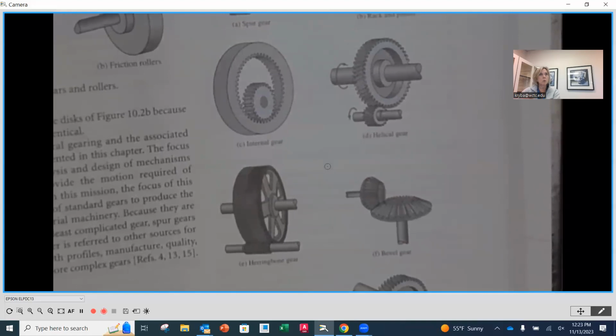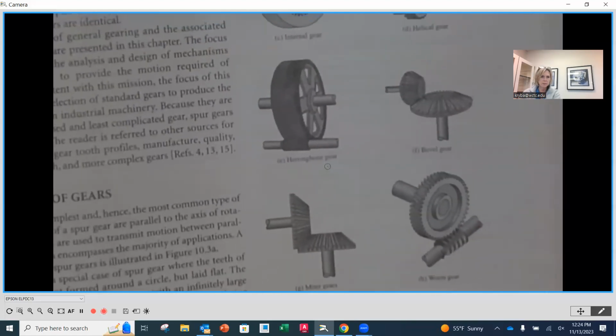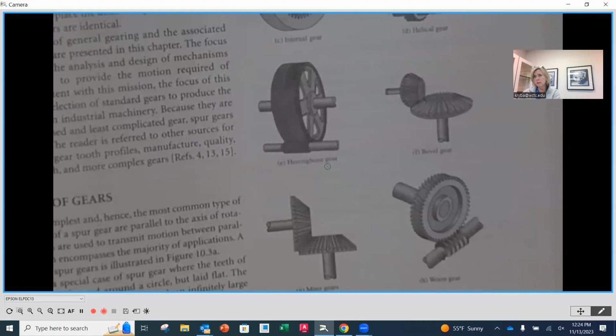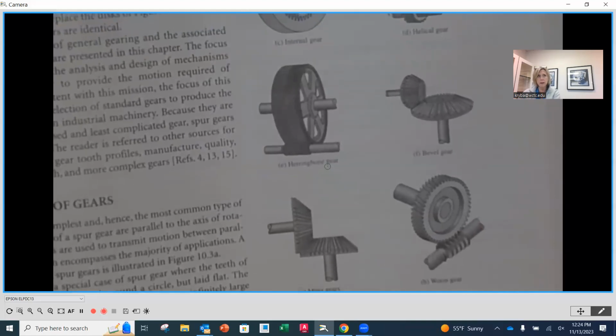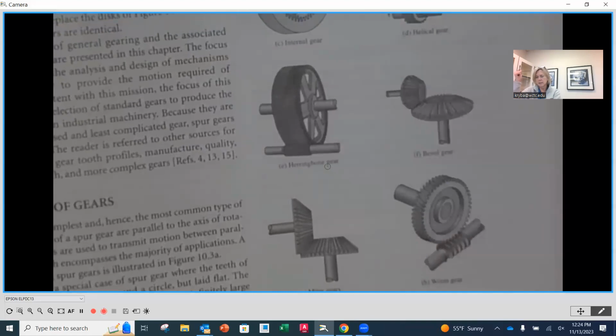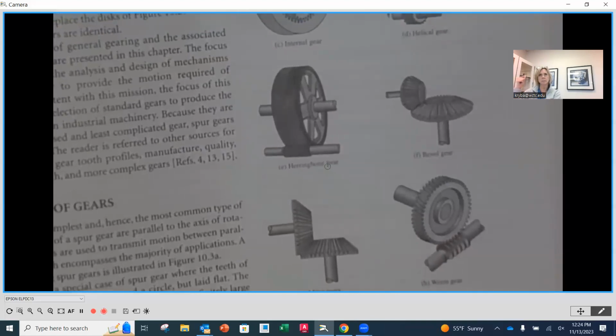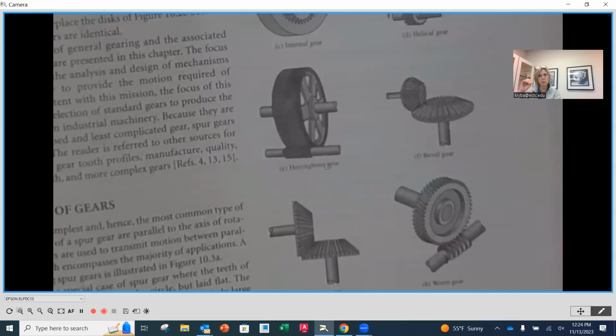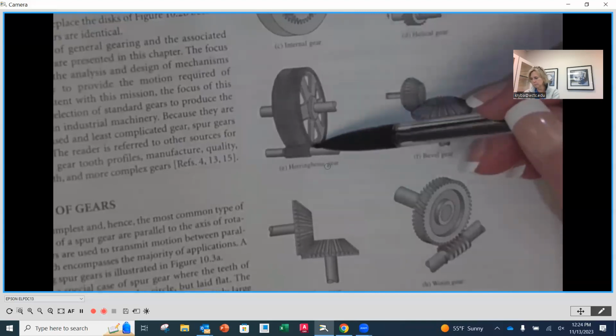So they end up being a quieter gear set as well, which is nice. The next kind that we have here is going to be a herringbone gear. Here you'll notice that we basically have two helicals that are opposing one another. Again, we're spreading the force over longer lines so we can push more torque through, and it's also going to be a quieter, more low profile type of application.